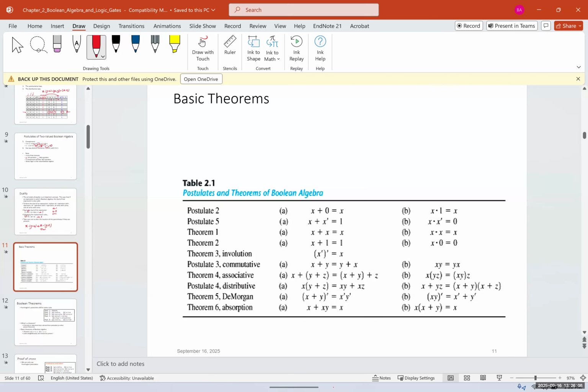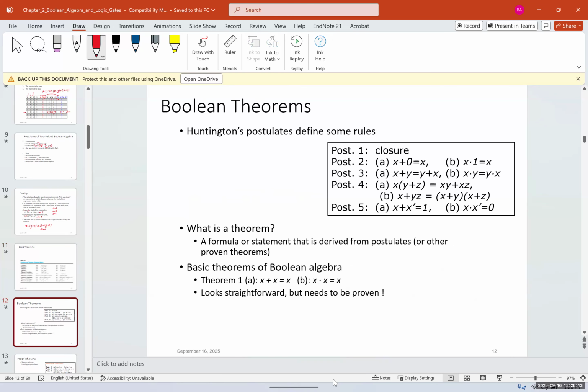Now, let's do an example of different postulates, and let's continue with Huntington's postulates, which define some rules. Postulate number 1 is the closure. Postulate number 2 is x plus 0 gives us x, and x times 1 gives us x.